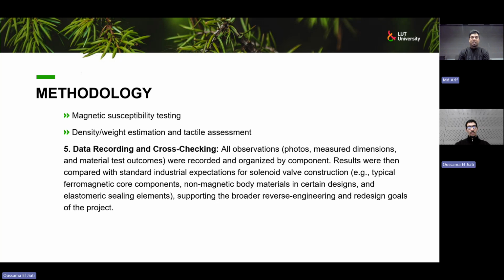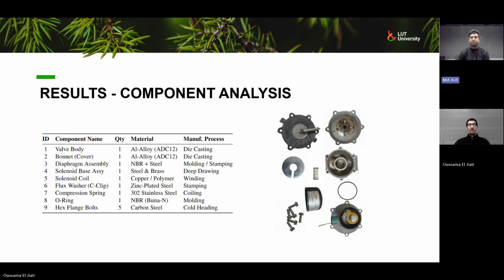And importantly, we did data recording and cross-checking also. Photos, measurements, and material results were documented and organized by component. Then we compared what we found with standard expectations for solenoid valves. Now, my mate Osama will go through the rest of the slides of our project.